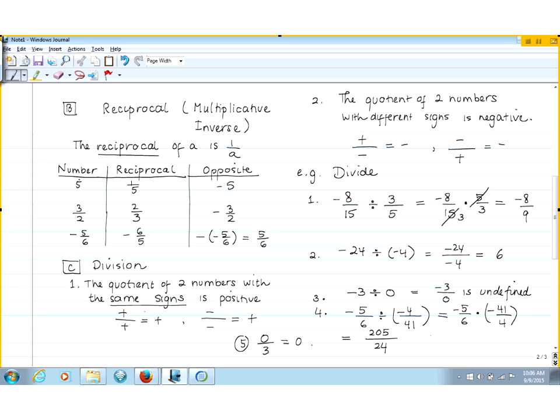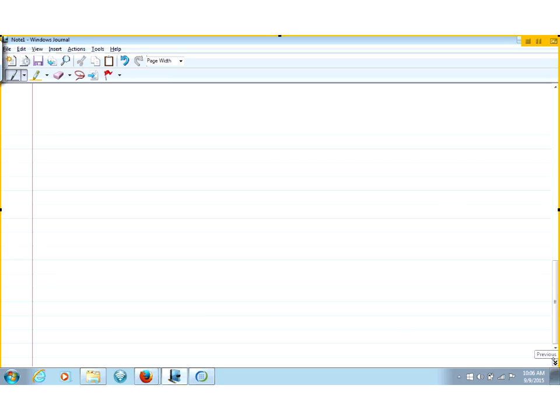Now, do you want to know why a number divided by 0 is undefined? So let me ask you here. Why is any number divided by 0 undefined? So I should ask you a few questions here. What is 6 divided by 3? 2.